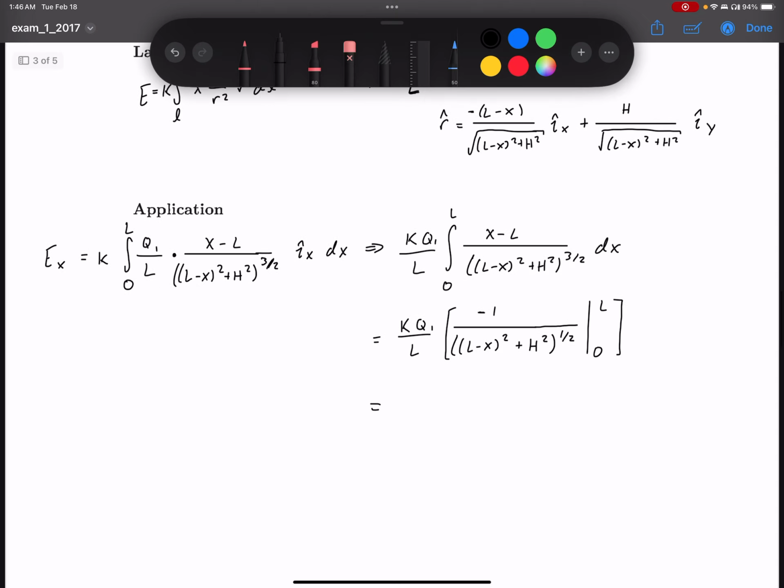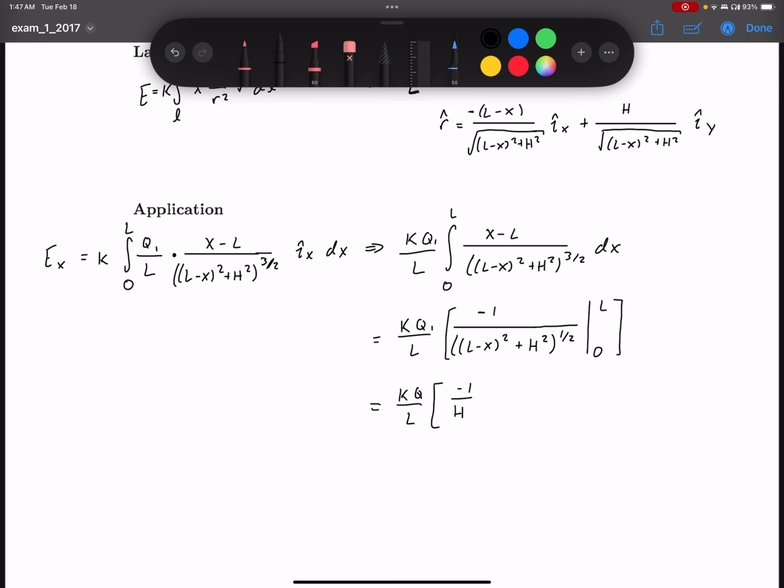So if we go ahead and do that, we have KQ1 over L, -1. We go ahead and plug in L for x, so that would be 0. So we just have h in the denominator there. And there's one step that I'm forgetting, but I think it would make more sense to add at the end.